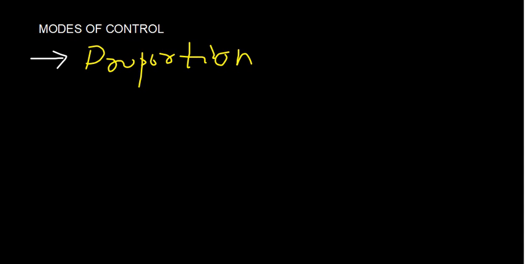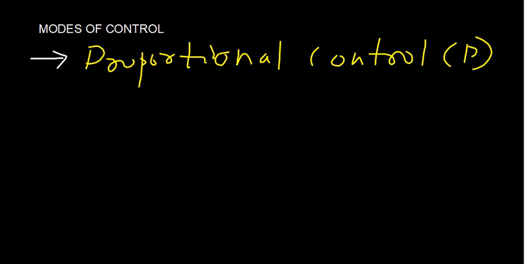Whenever I speak about the modes of control, we generally come across three things, which probably all of you are very much familiar with. One is called proportional control, or P control, which is a very simple and basic primitive type of control, right?